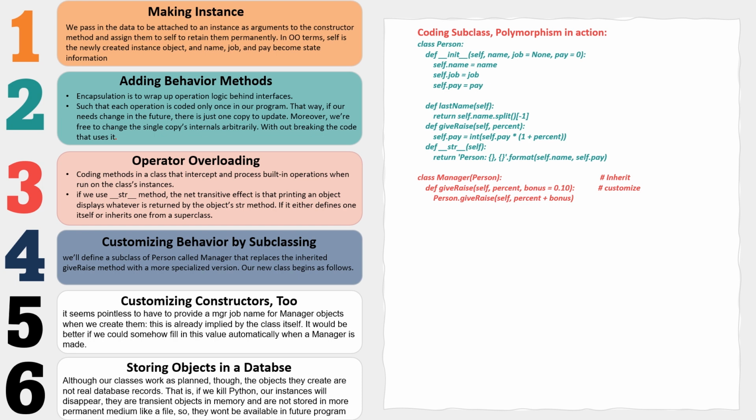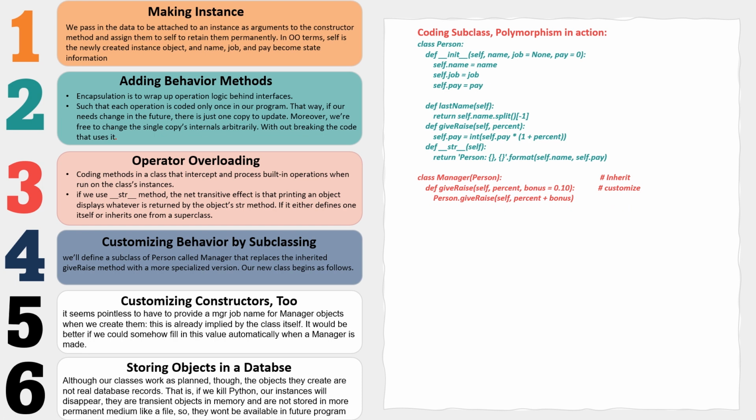For that, I have to add a bonus of 0.10. That's what I have done. As this parameter is specific to the customized give raise method of the Manager subclass, you don't need to use self dot, because it is specific to this one only. Now I'll add this back to the give raise instance attribute.